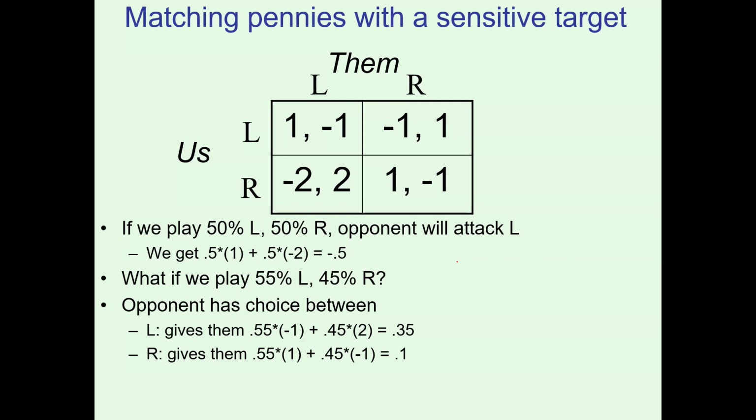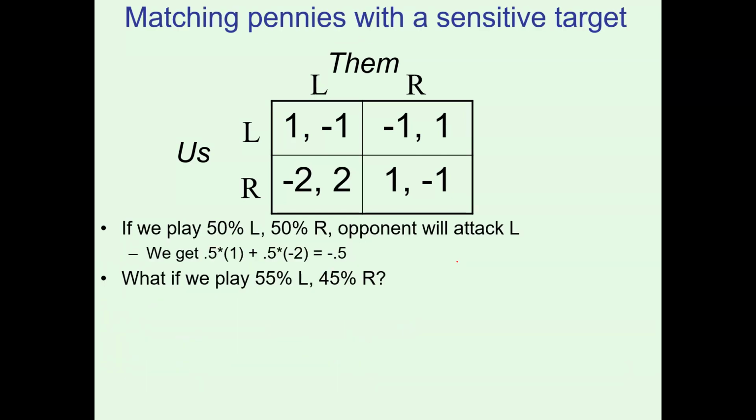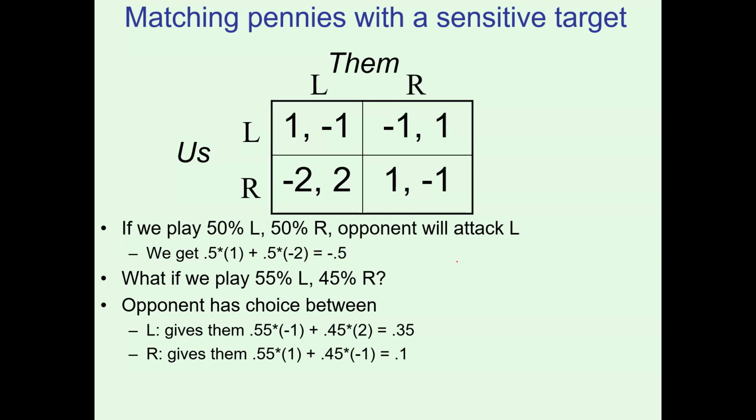Right? Our opponent. So, this is a somewhat sensitive target because we made R larger. We found 0.55 and 0.45. It gives us at least a 0.1 gain.